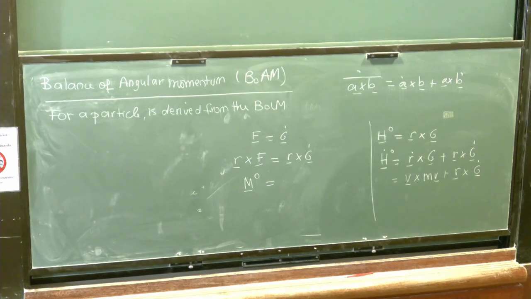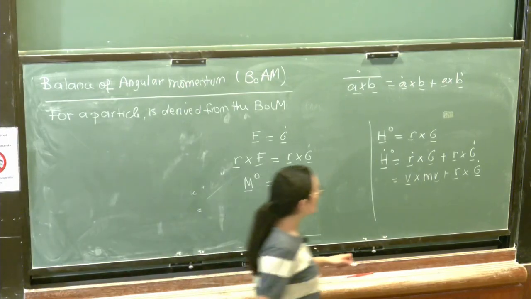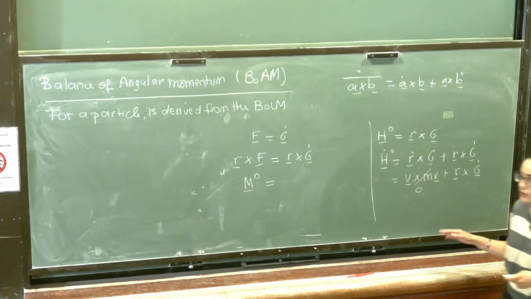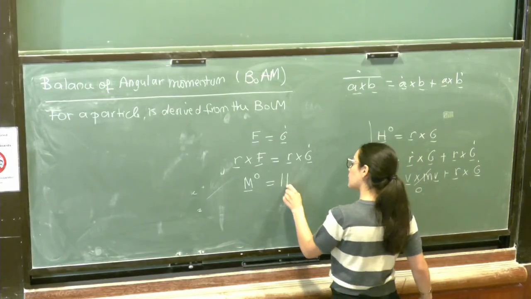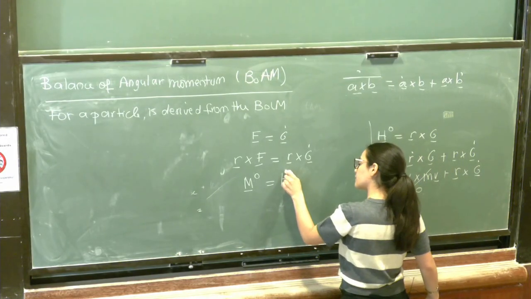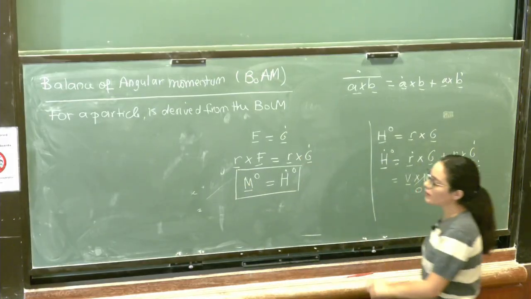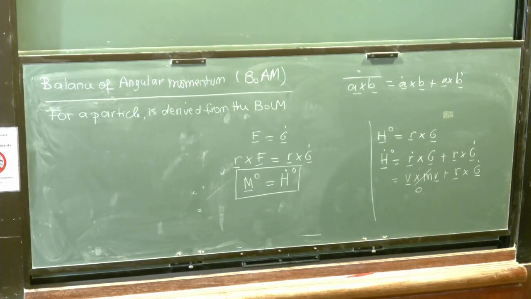Right, it's a vector crossed with itself, so that's going to be 0. So I'm going to be left with H dot O is R cross g dot. So MO equals H dot O. Okay, so that's the balance of angular momentum for a particle about the fixed origin O.